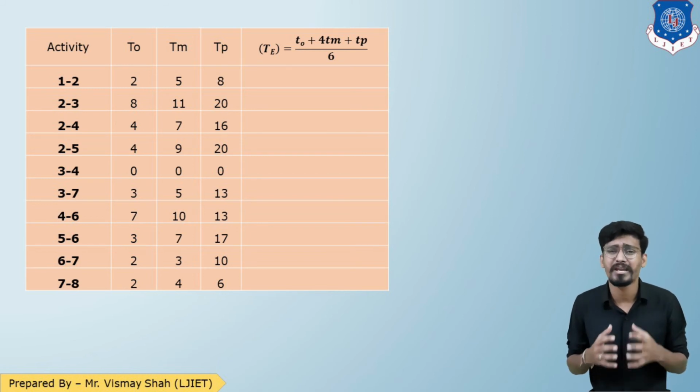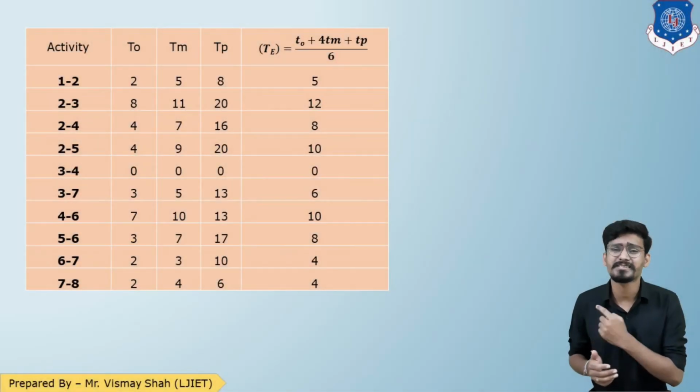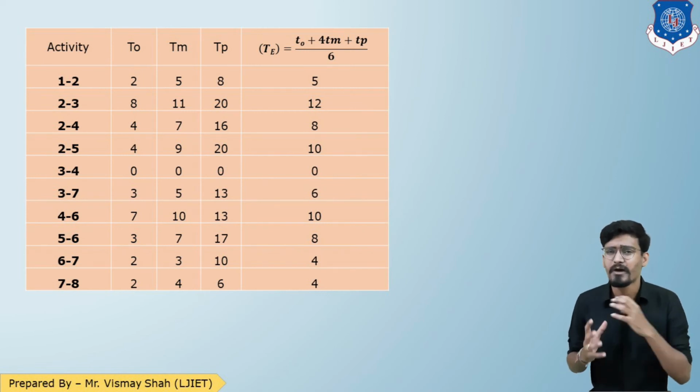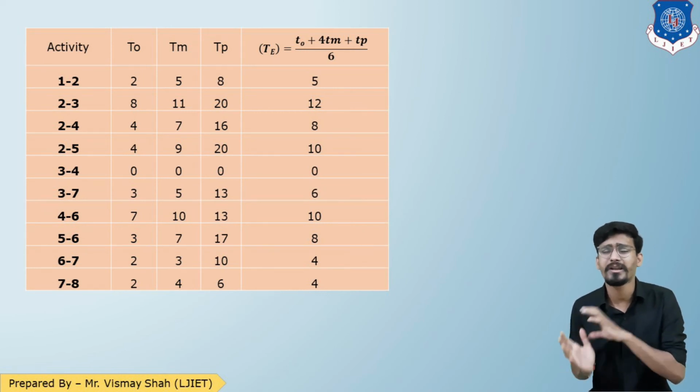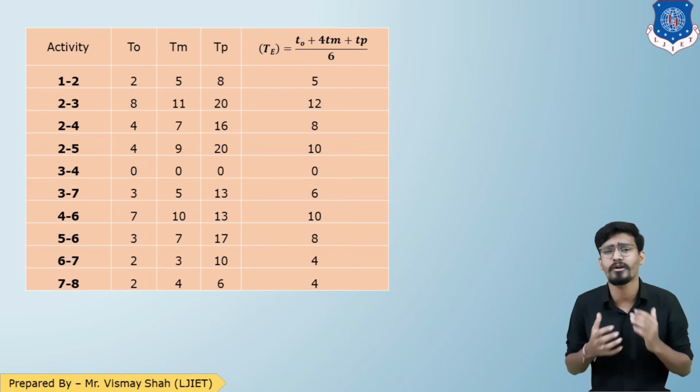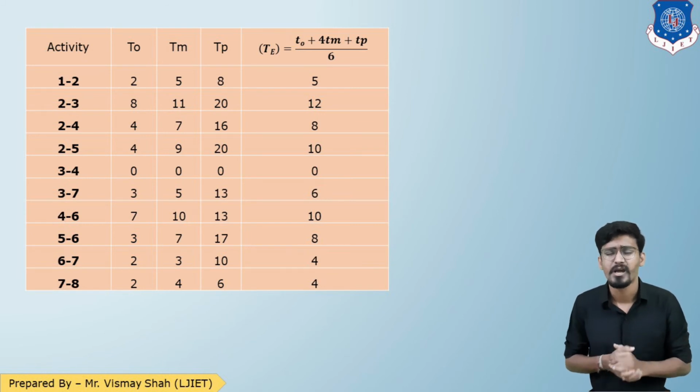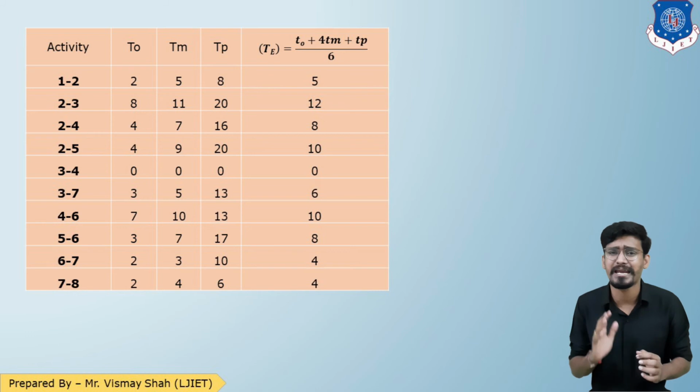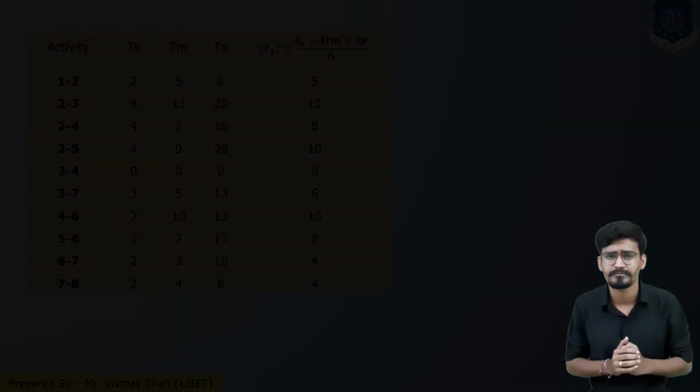So this is how we need to complete the entire table. Let us see the entire table. So here is the entire table of TE. Now these values of TE we need to put back in the network and do forward and backward analysis.